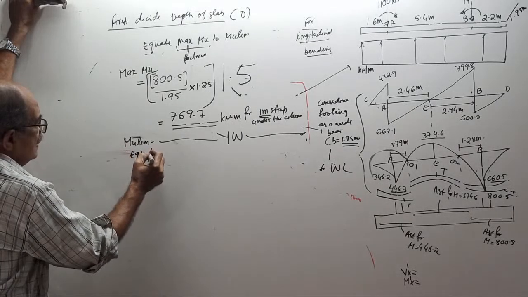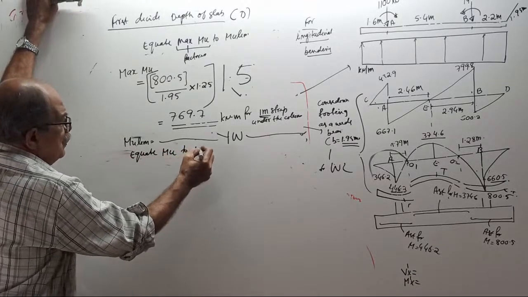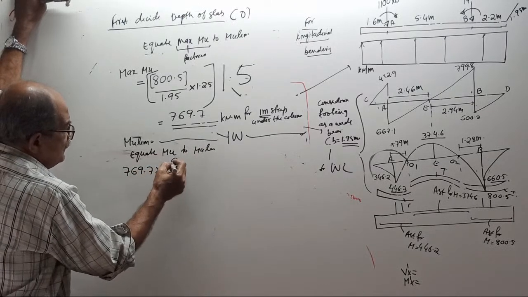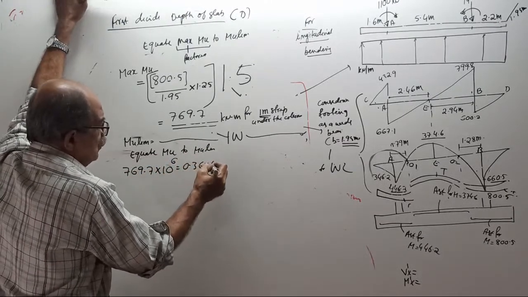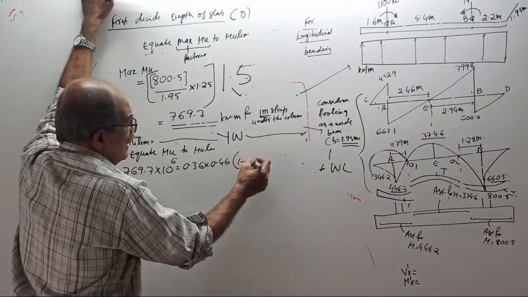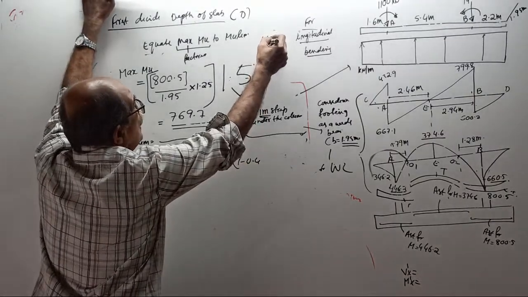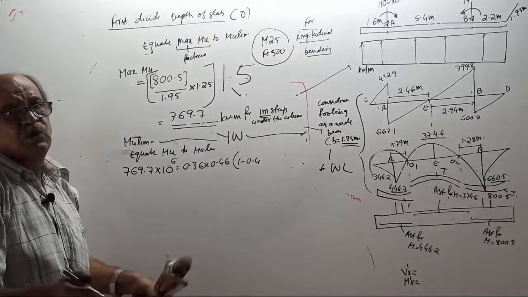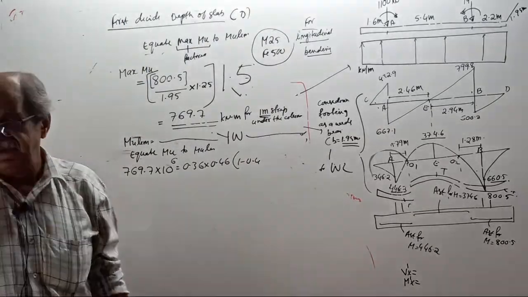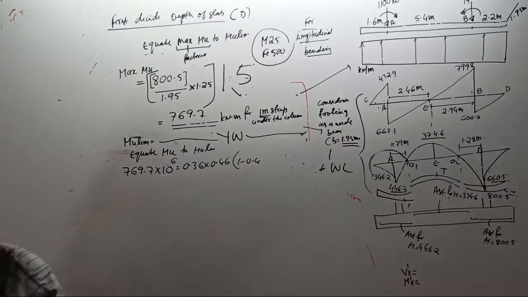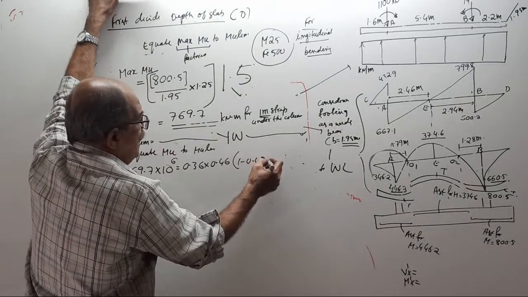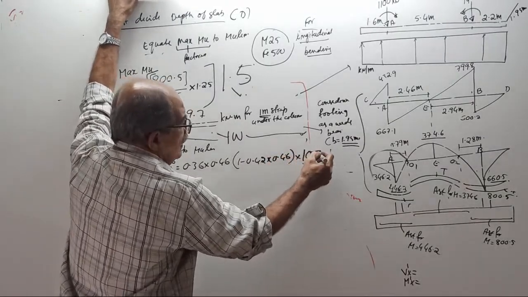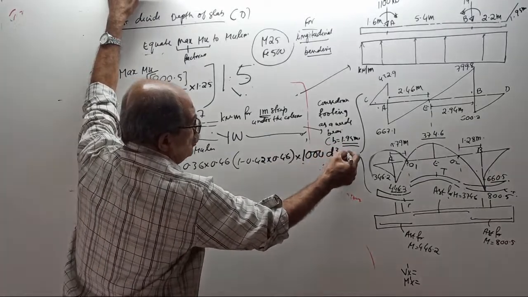Equate Mu to Mu limit. You get 769.7 into 10 to the power 6 equal to 0.36 into 0.46 into 1 minus 0.42 into 0.46, into 1000 into d square into 25. I think we are using M25 and Fe500. Yes or no? I want confirmation. Yes, okay.